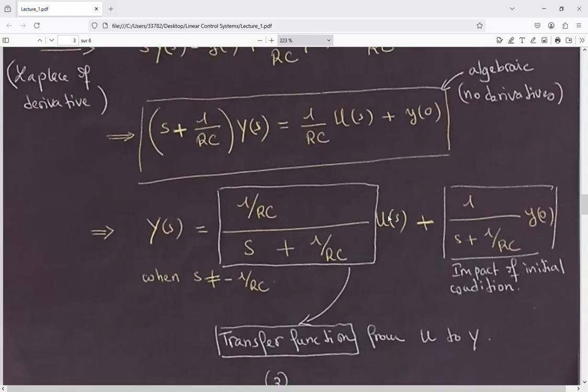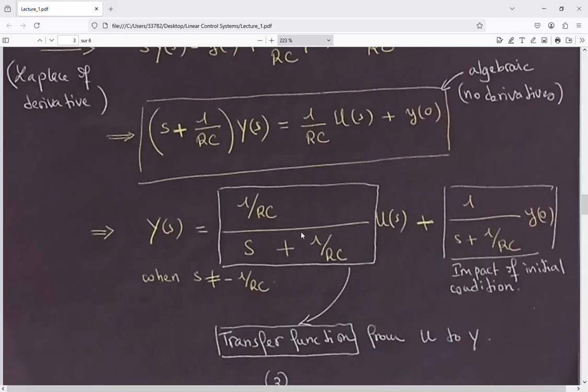Here you can see that basically I get two parts in the expression of Y of S. The first part depends on my input, and the second part depends on the initial condition. The term that multiplies my input is called the transfer function from my input to my output.